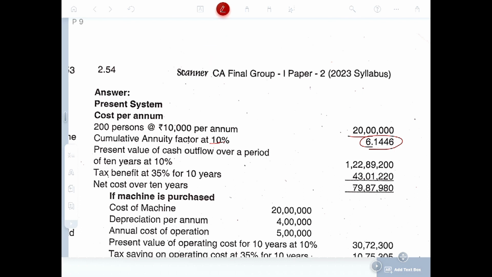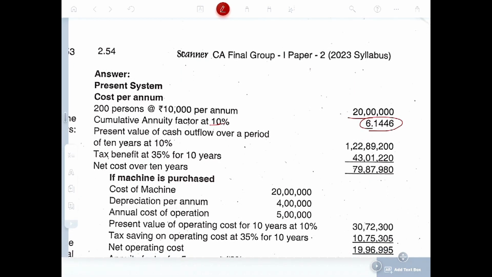So 6.144, how has it come? It is 1 divided by 1.1 plus 1 divided by 1.1 whole square. Likewise it goes on to 1 divided by 1.1 whole power 10. We add all of it and we get 6.1446.